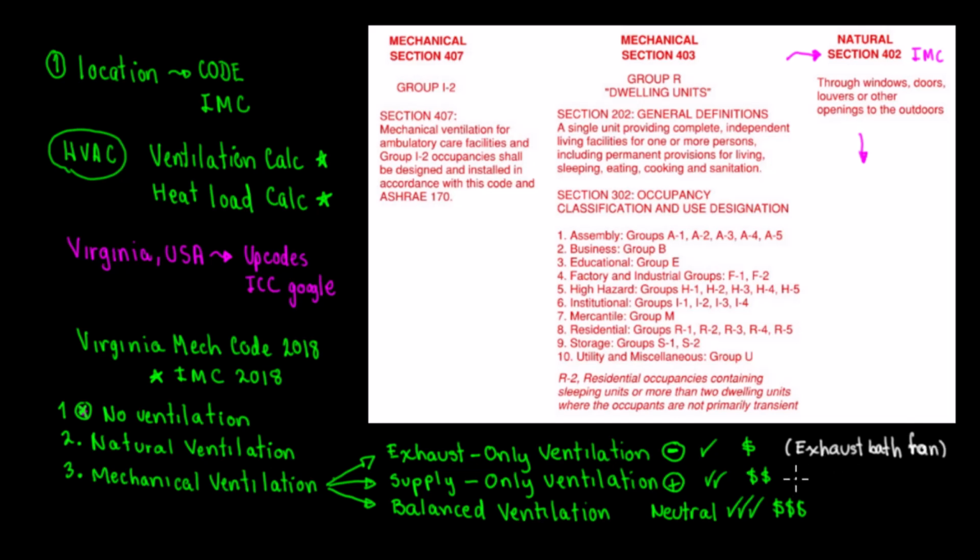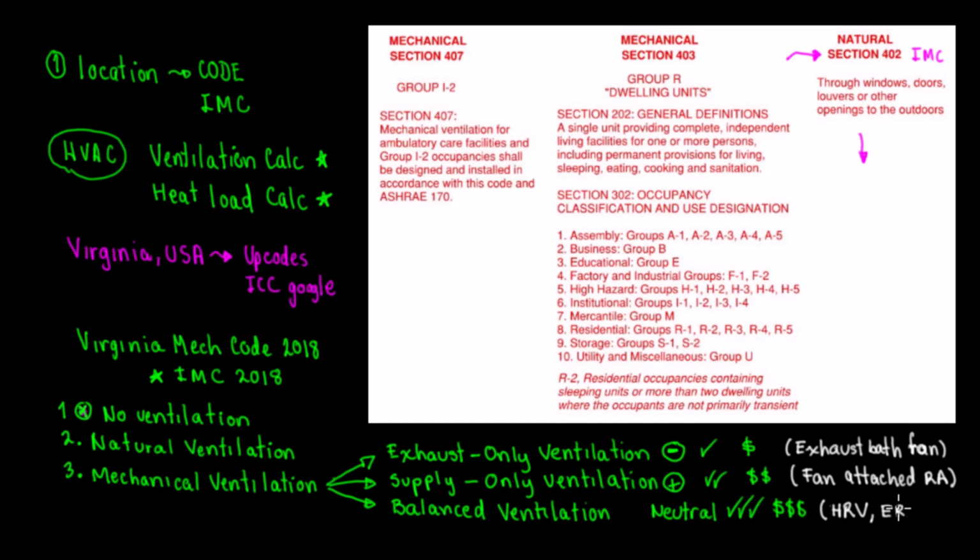For supply only ventilation, it's gonna be another fan attached to the return air. So we are attaching a fan on the return, and this fan is gonna bring air from outside directly. The other one is going to be balanced ventilation, which is pretty much the HRV and the ERV.